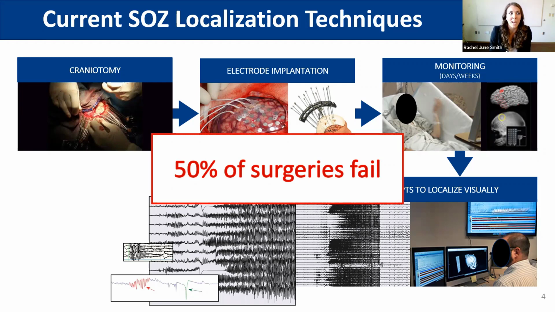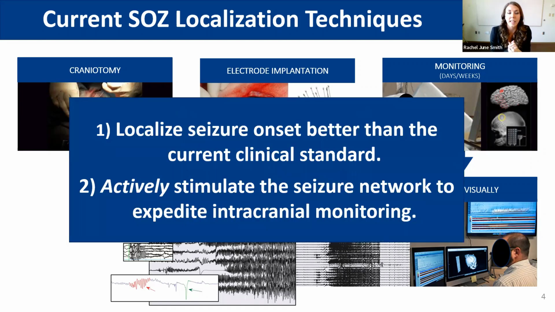And we think that there's a way to improve this process, right? There are two ways that I want to target this whole process and make it better for epilepsy patients. One, I think, is we want to have better ways to localize where the seizures are starting.